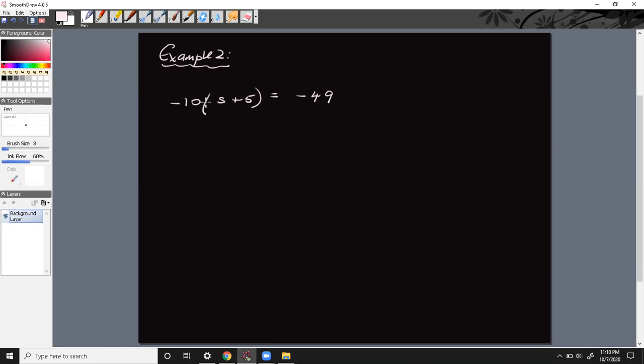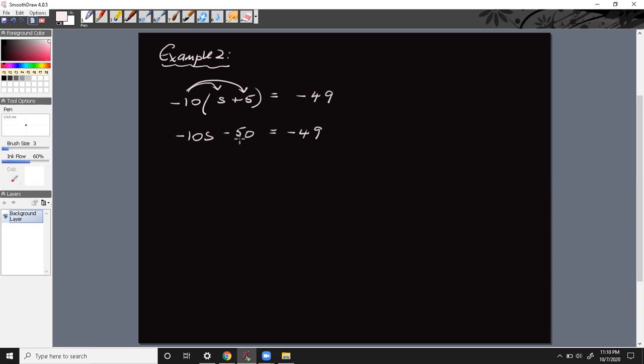Now, we're going to, first of all, expand the brackets. Minus 10 times s is minus 10s, and minus 10 times 5 is minus 50, and that is still equal to minus 49. So the next step, so we have s, it's been multiplied by minus 10, and then 50 has been taken away to get to minus 49.